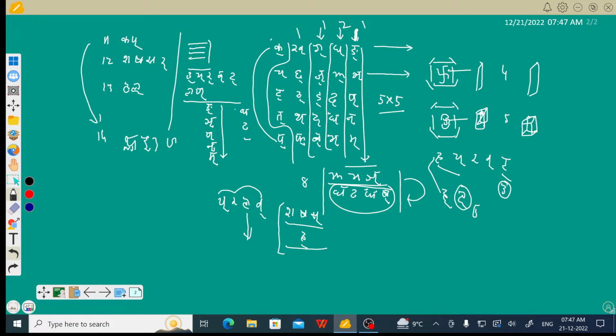So Na is the Anubandha, marking its presence twice, and Ha is the letter which is having its coordination placement twice.